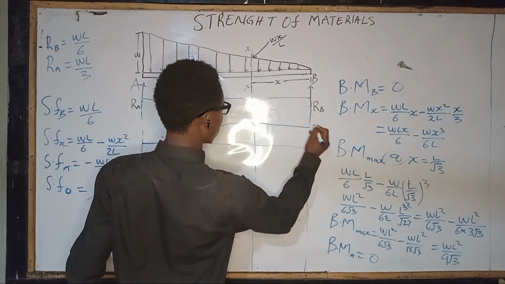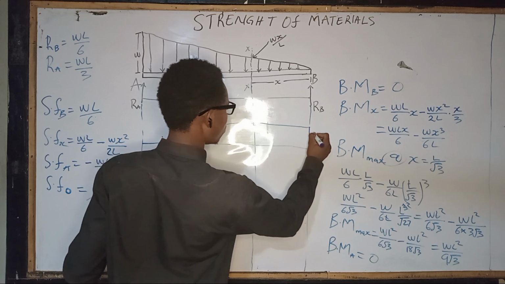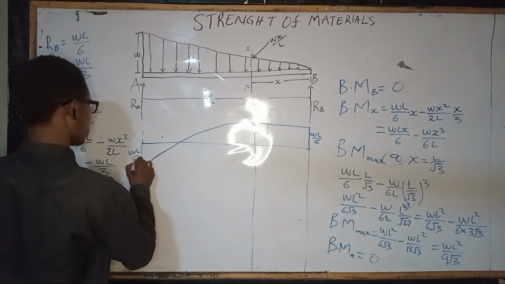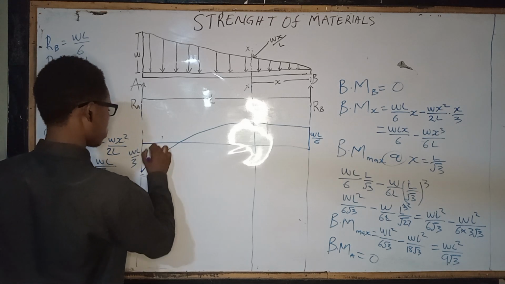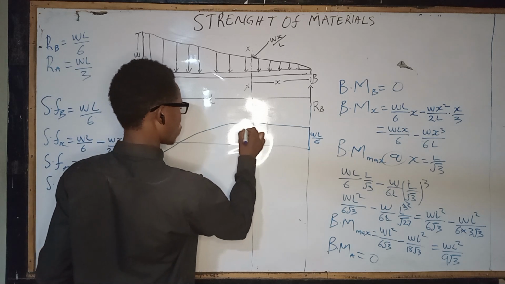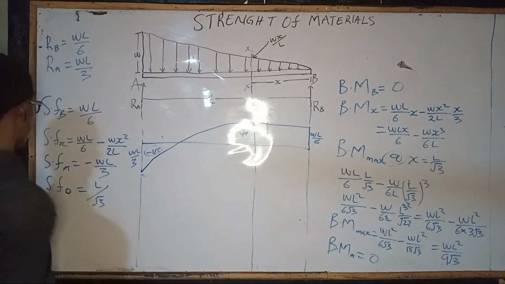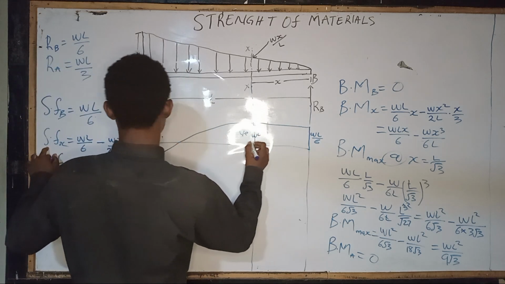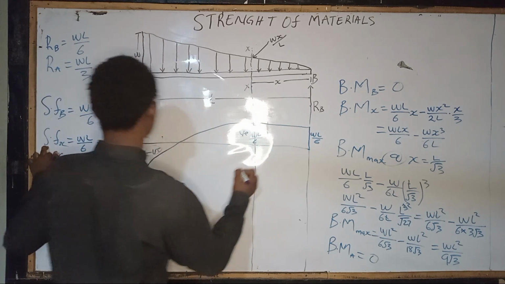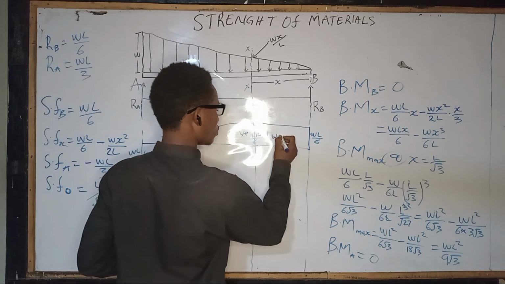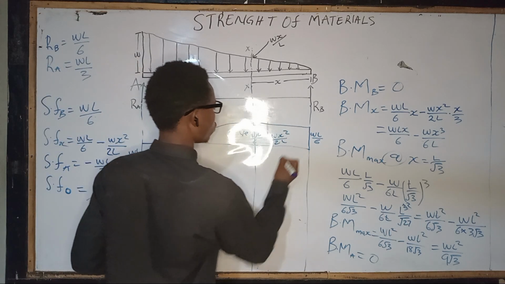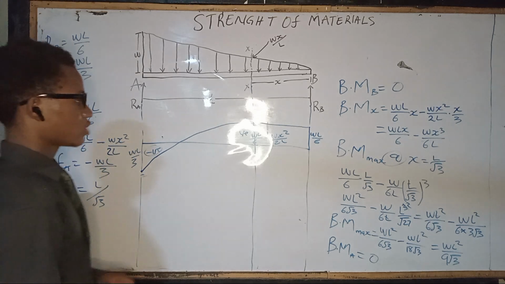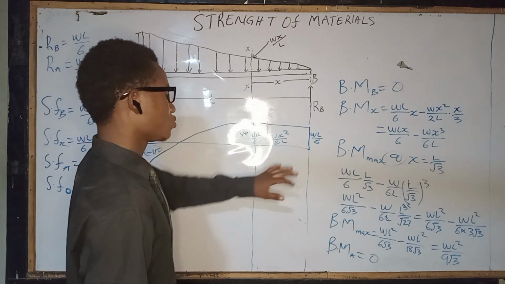So from here to here, this is WL over 6, and here is WL over 3, negative and positive. And the shearing force at point X here would be WL over 6 minus WX square over 2L. So that would be the value right here.